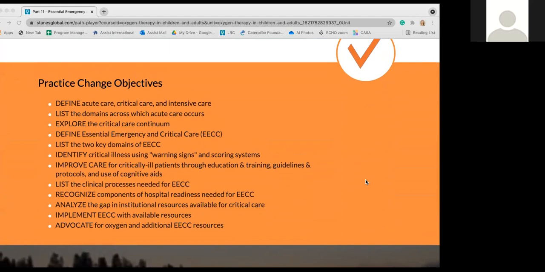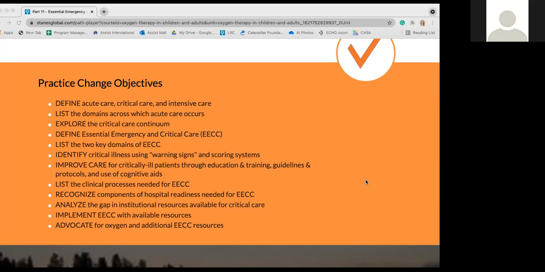So that brings us to the end of our discussion, and here are our objectives. Let's see if we have met those objectives. First, our goal was that at the end of this discussion, we should be able to define what is acute care, what is critical care, and what is intensive care. We should be able to list the domains across which acute care happens.